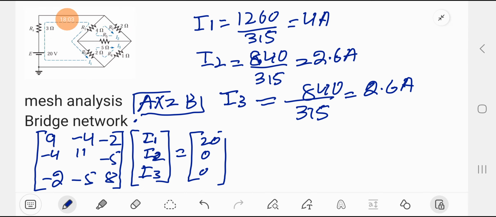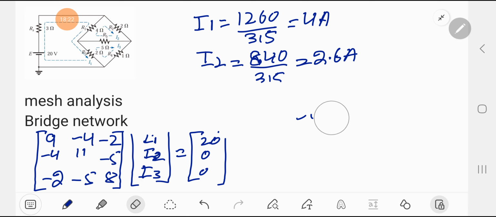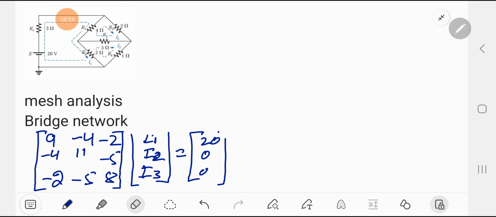Now how are we going to find the determinant of a 3 by 3 matrix? So let's add this step also to the video.